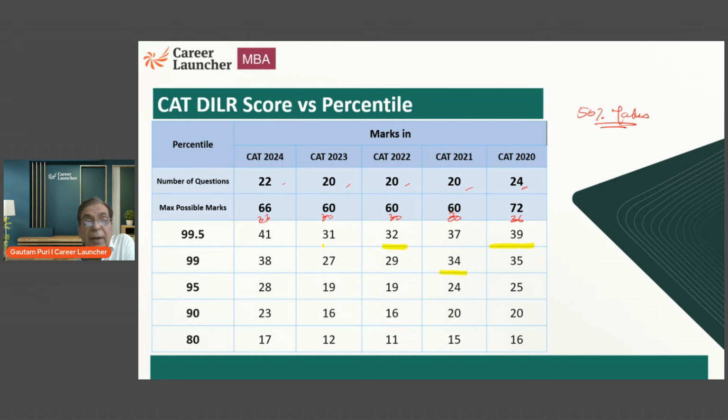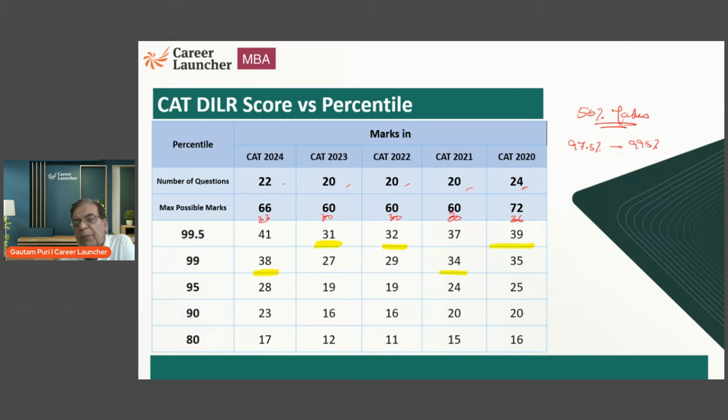And in fact, in CAT 23 with 30 marks, you would be close to 99.5 percentile, because 99.5 percentile was 31 marks. And last year in CAT 24 at 33 marks, you would again be around 97.5 percentile. So what I need you to remember is that 50% marks will typically get you somewhere from 97.5 to 99.5 percentile.